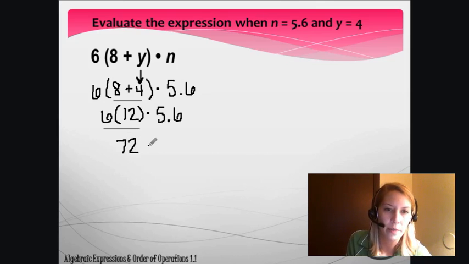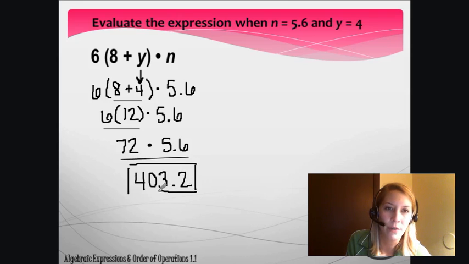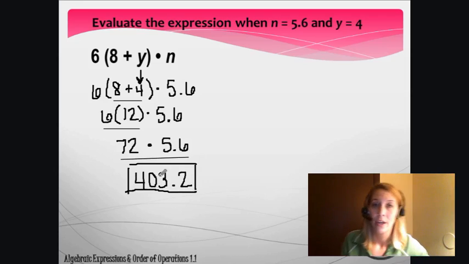And 72 is being multiplied by 5.6. The product of 72 and 5.6 is equal to 403.2. And that is how you evaluate an expression using the order of operations.